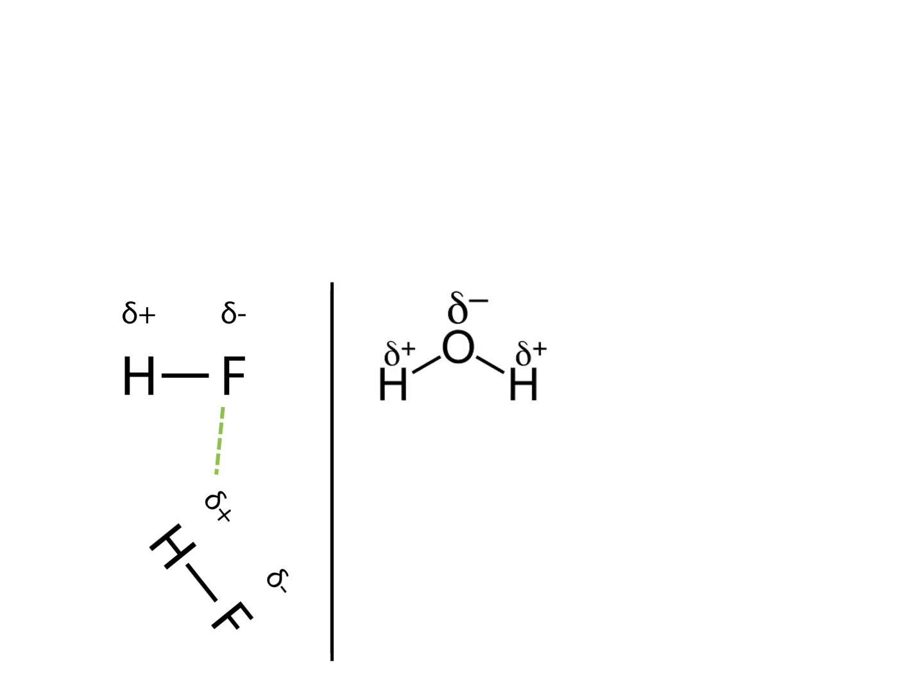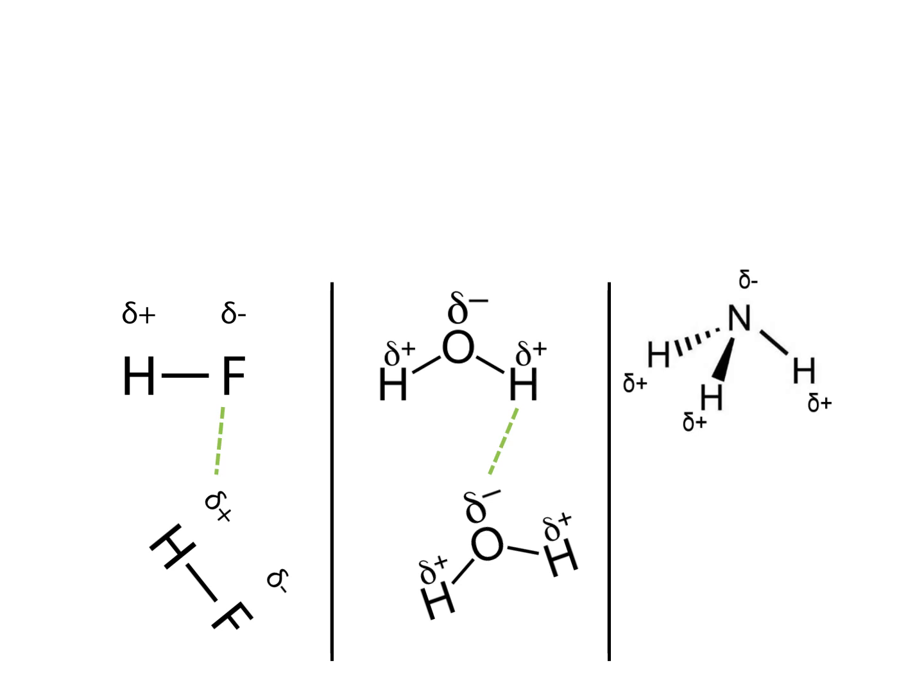So because the difference in electronegativity is really large here, if we get neighboring molecules, we're going to get a really strong attraction. And this might not just be hydrofluoric acid. It could also be between water molecules. Again, the difference in electronegativity between the oxygen and the hydrogen is really large, therefore we're going to get a really strong attraction. And a third example would be between ammonia molecules.